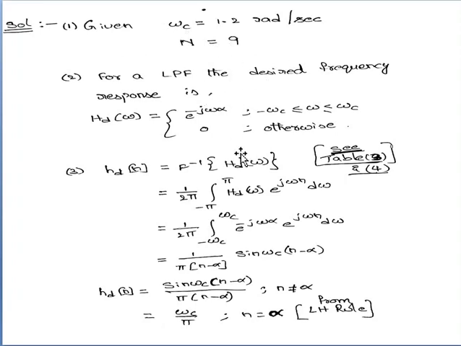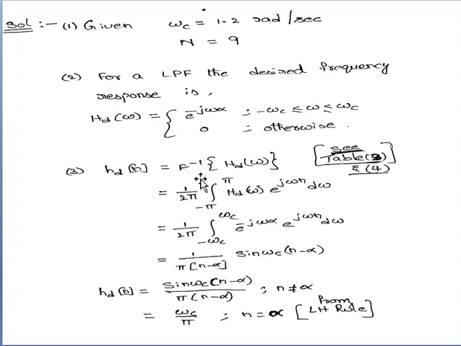Now low pass filter means, what is the Hd of omega in the case of linear phase filter? That is e power minus j omega alpha, in between minus omega c to omega c, otherwise 0. For this, see table 3 and table 4. Here we should calculate the Hd of n from Hd of omega.